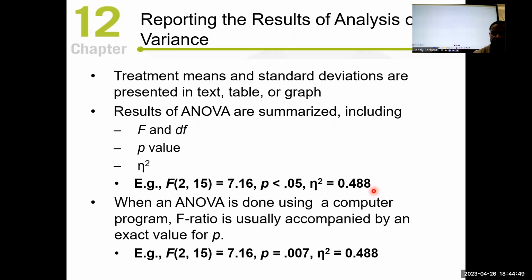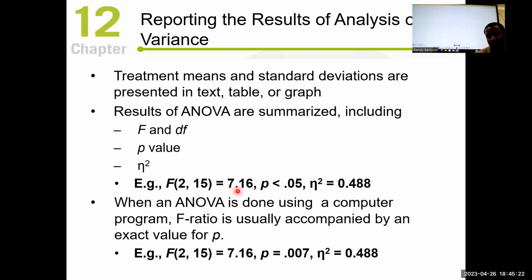If I were to present this in a results section, here is how you would present it. Treatment means, you have standard deviations, and you can also put other things in tables and graphs, right? But when we're reporting our results for this particular study, we knew that we found a significant difference. So we have F, open parentheses, 2, which is the degrees of freedom for the between, and your degrees of freedom for the within here.